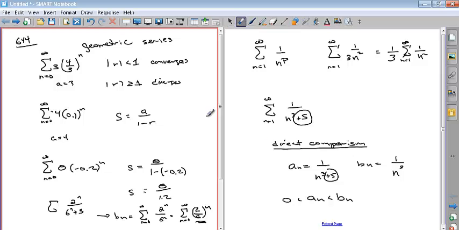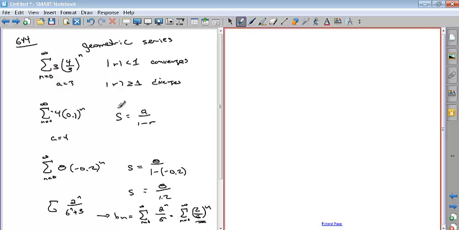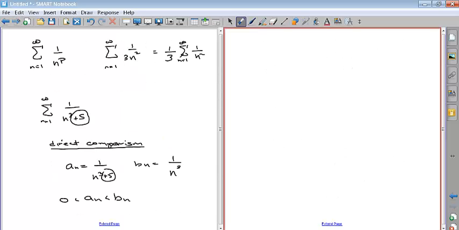So the way you would answer this question, what's the convergence of the summation of a sub n, is you would say, since b sub n is a p-series and p is greater than 1, b sub n converges.